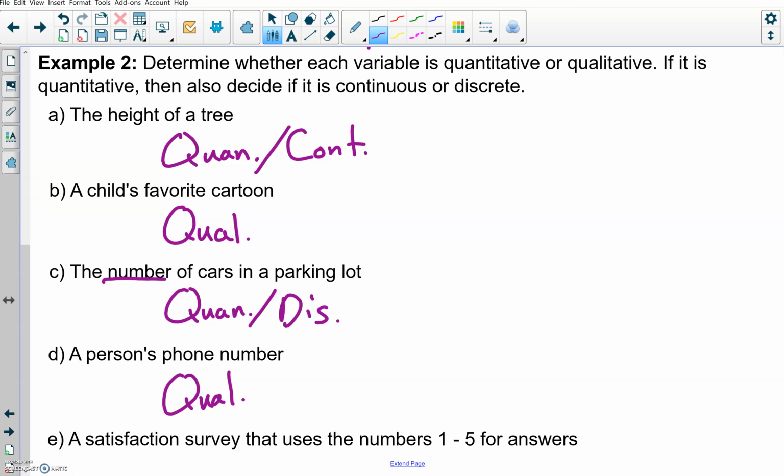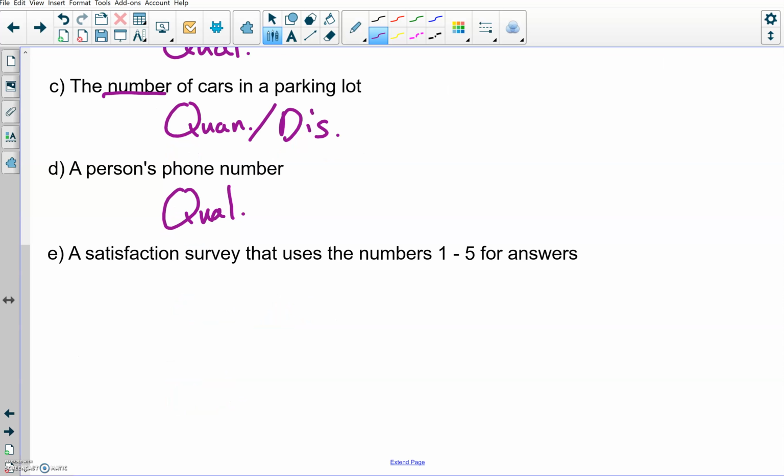And then the last one here, a satisfaction survey that uses numbers 1 through 5 for answers. This is also going to be qualitative, because if you're looking at your satisfaction, where it's strongly agree, mildly agree, indifferent, mildly disagree, strongly disagree, those things that get these numbers 1 through 5 attached to them, you're really basing those numbers on a quality of how you feel.